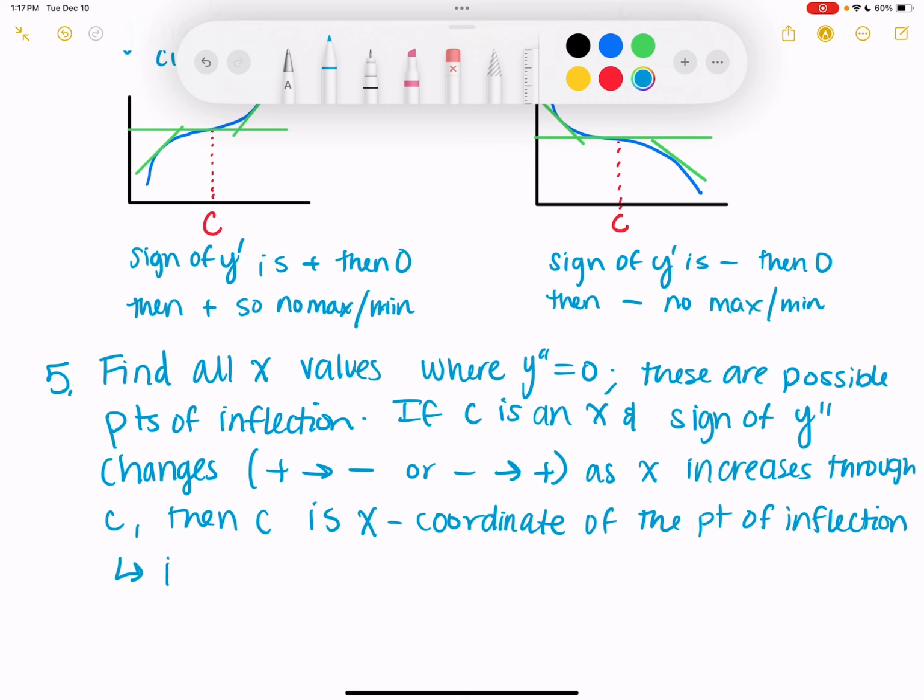If the sign doesn't change, C is not a point of inflection.